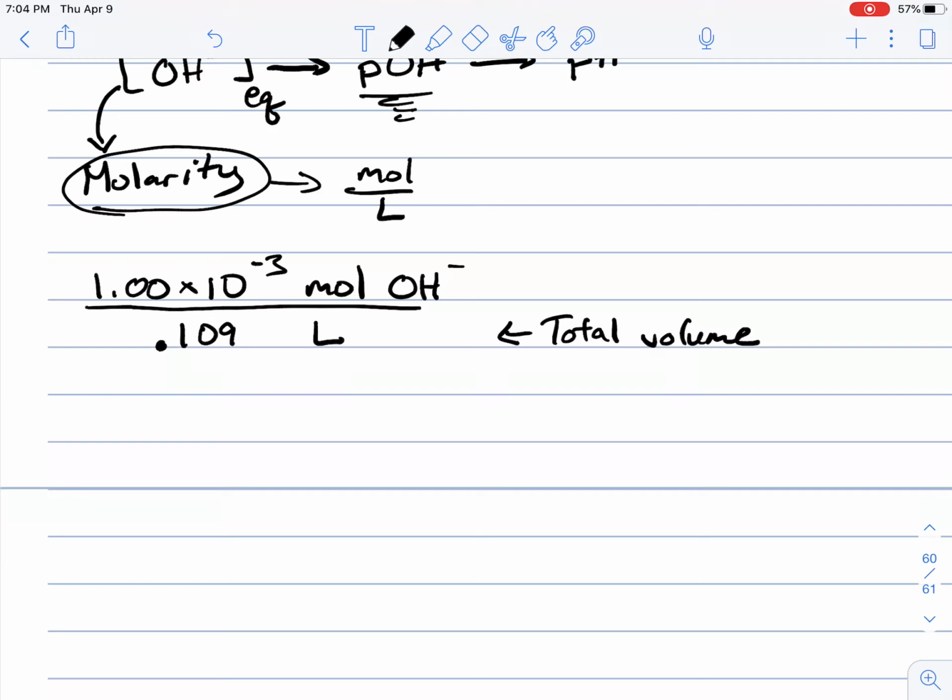And so if I plug in this value in my calculator, what I'm going to get is 9.17 times 10 to the negative 3 molar concentration.